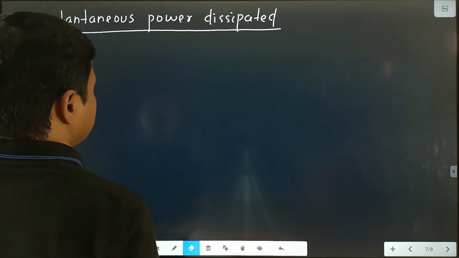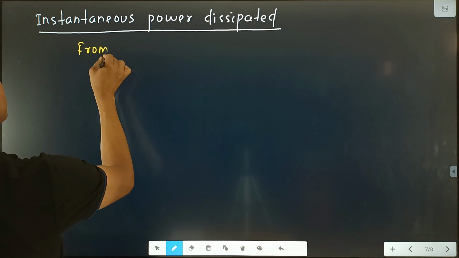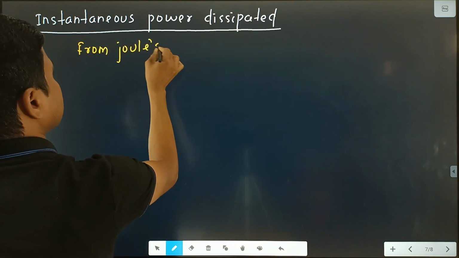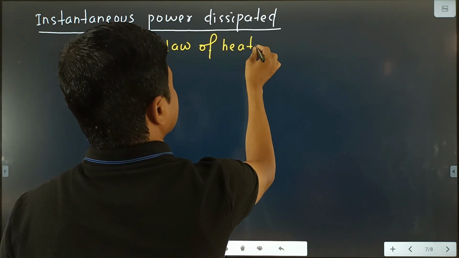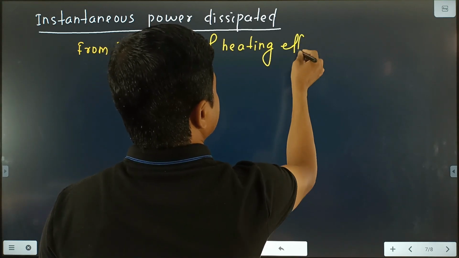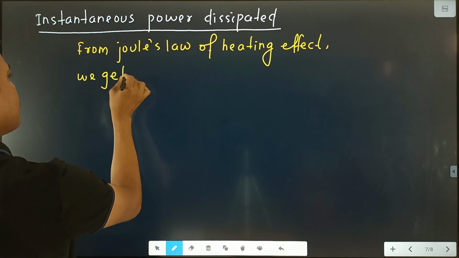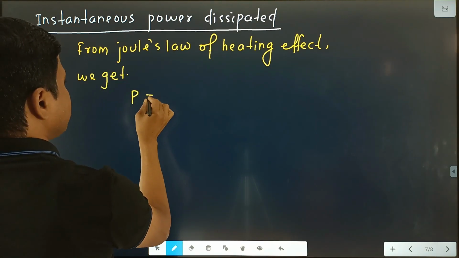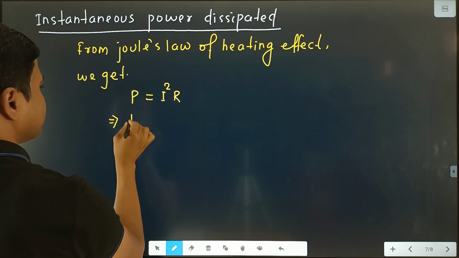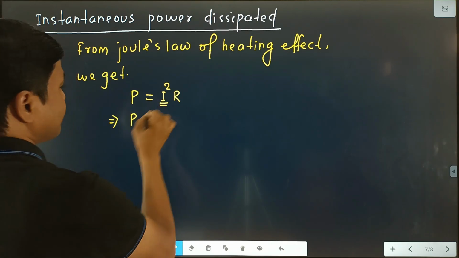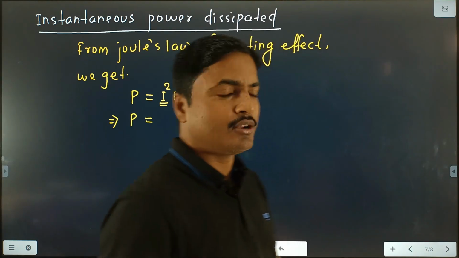Clear? So that we write, from Joule's law of heating effect, we get instantaneous power P is equal to I square multiplied by R. That implies instantaneous power consumed, in place of I, you know the expression, that is the instantaneous current, and I is equal to I0 sin omega t.